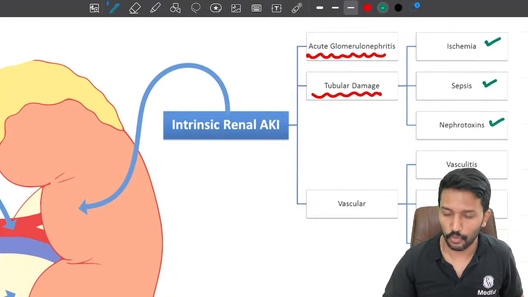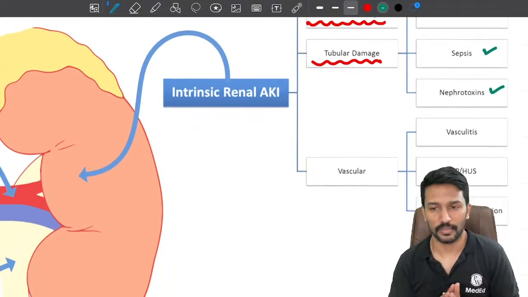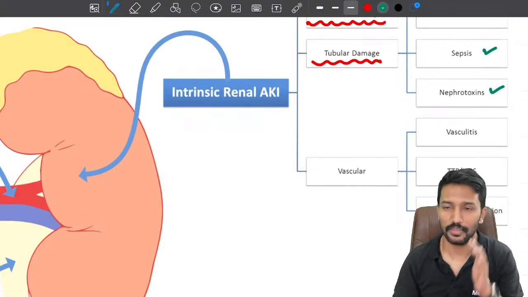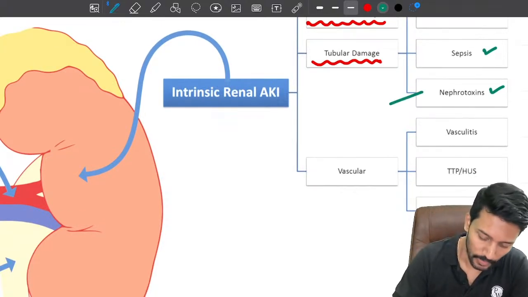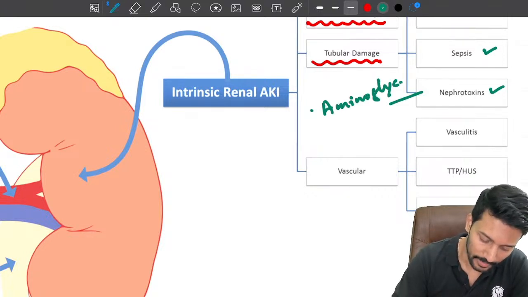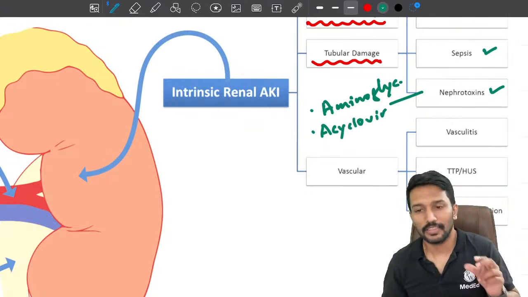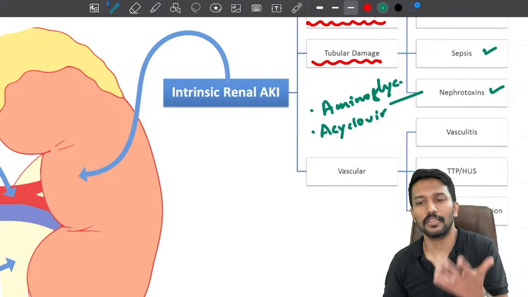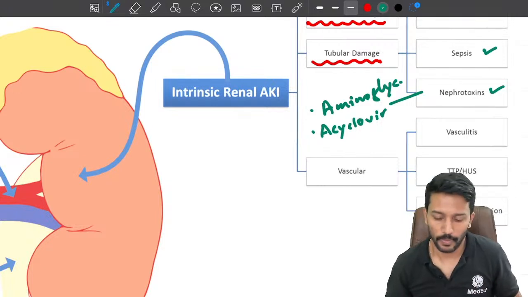Then there are a lot of nephrotoxins. For example, aminoglycosides. They are nephrotoxins which can directly cause the damage to tubules, right? Another example I can give is acyclovir. How acyclovir will cause the renal tubular injury? Acyclovir will precipitate as crystals in the tubules and block the tubules. Okay.